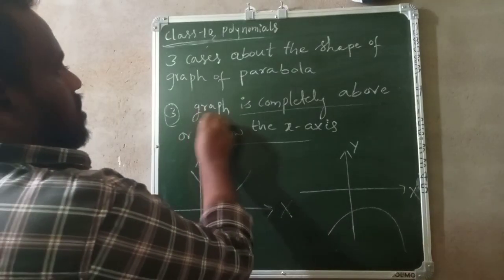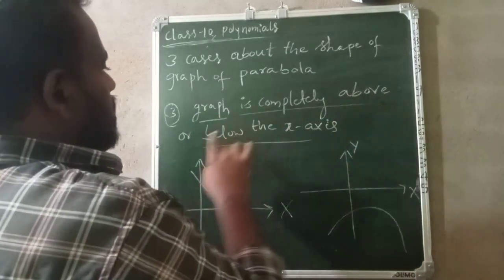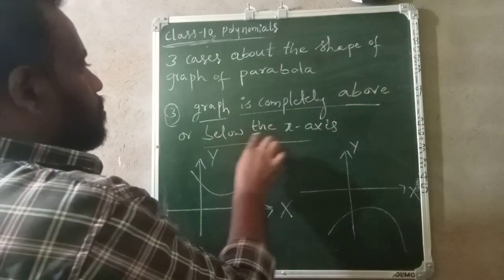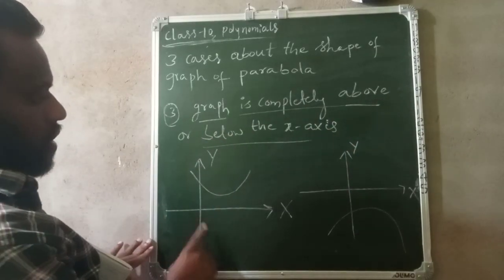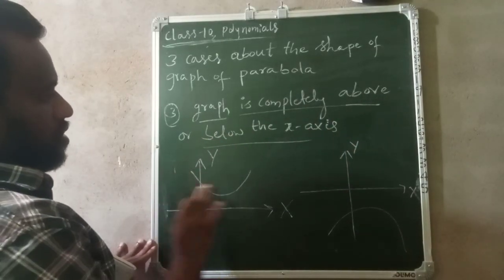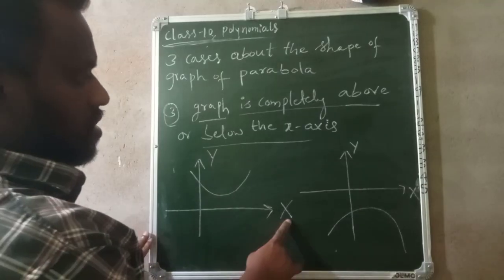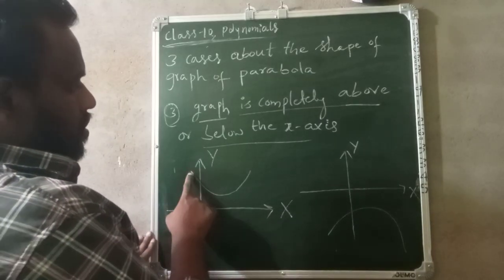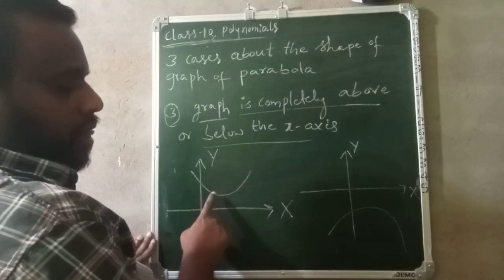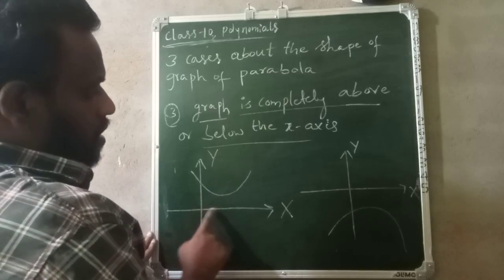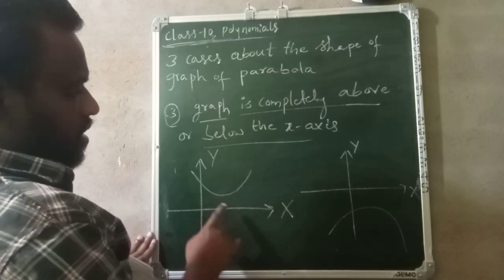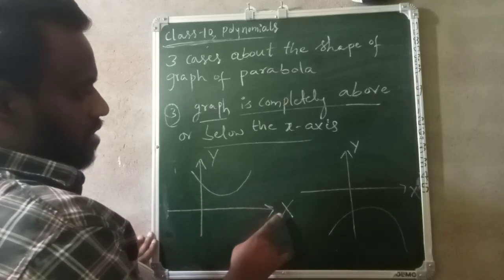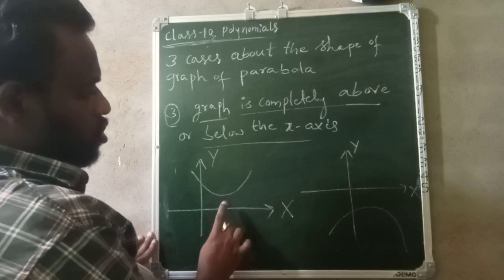See, what is case 3? Graph is completely above or below the x-axis. Consider the first graph. This is the first graph, this is the second graph. So this is x-axis, right? You can see this curve is not cutting the x-axis, correct? It is not even touching the x-axis at any point. It is just above.